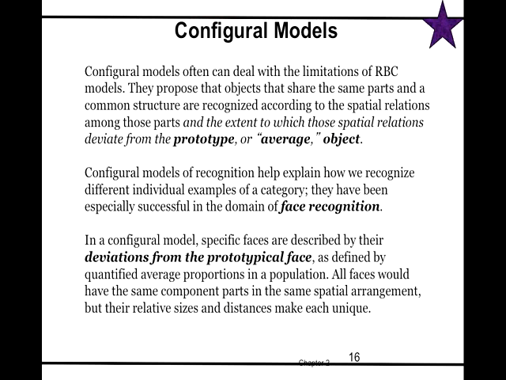The last one is configural model. And configural models are for faces. And so it's really played into prototype theory, which you'll see again when we talk about categories. And the idea is that there is a prototype or a perfect or an average example instead of a set of feature characteristics.